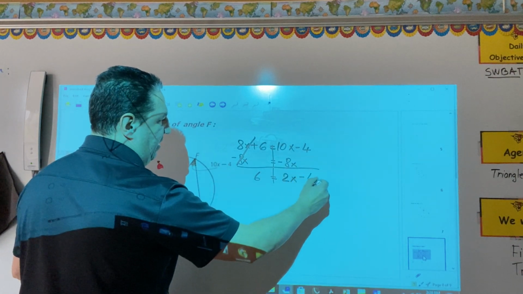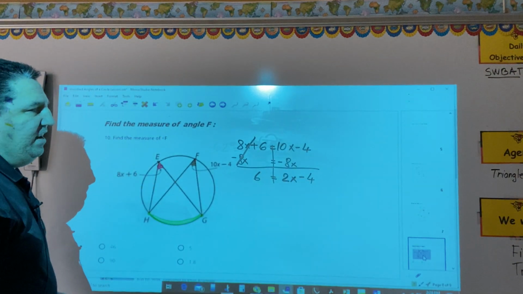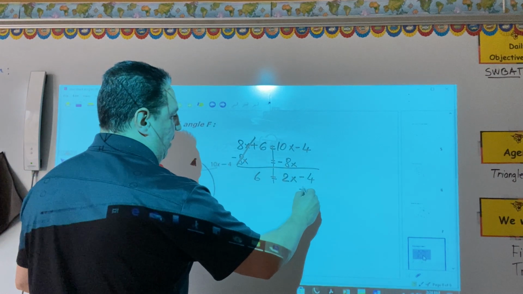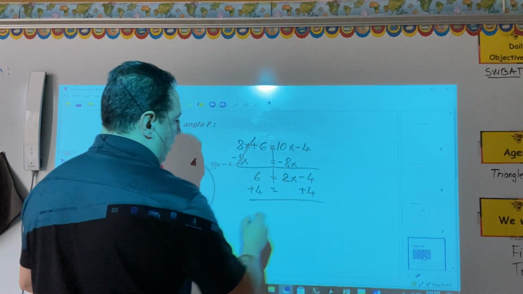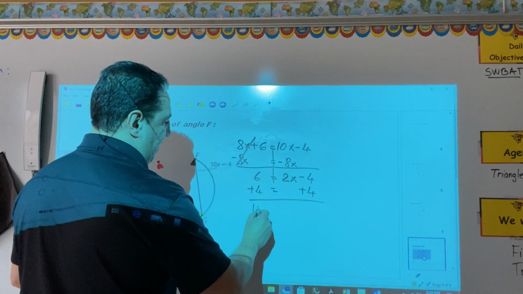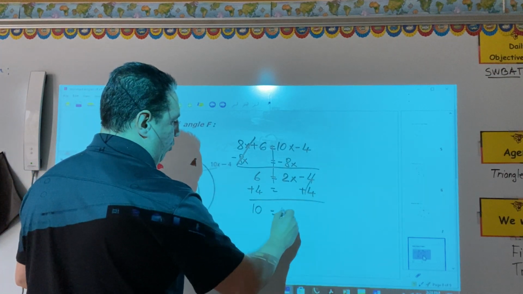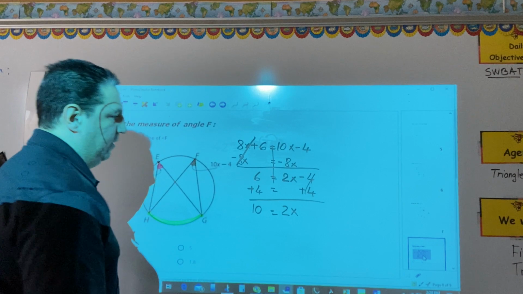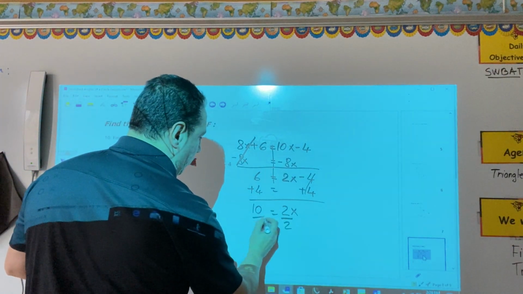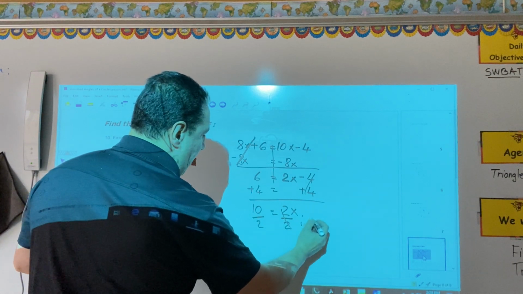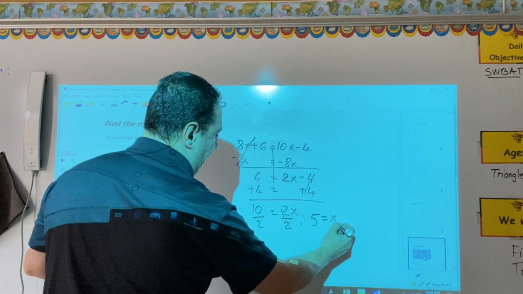We bring down negative 4. Then we add 4 on both sides, and we get on the left side 10 equals 2x. Then to get x, we divide by 2 on both sides, and we get 5 equals x.